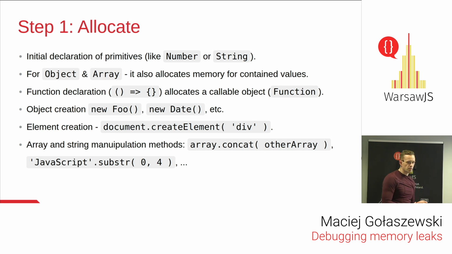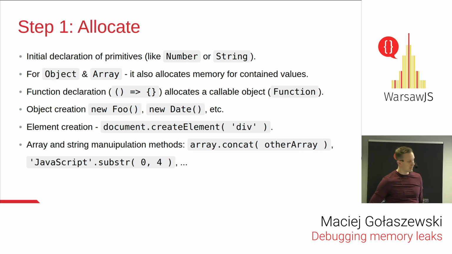Going through all the steps of the memory lifecycle, we can start with allocating memory. This happens with the initial declaration of primitive values, and when you start using objects and arrays, it also allocates the memory for the contained values. When you declare functions, the callable objects are also allocated for you by the JavaScript engine.